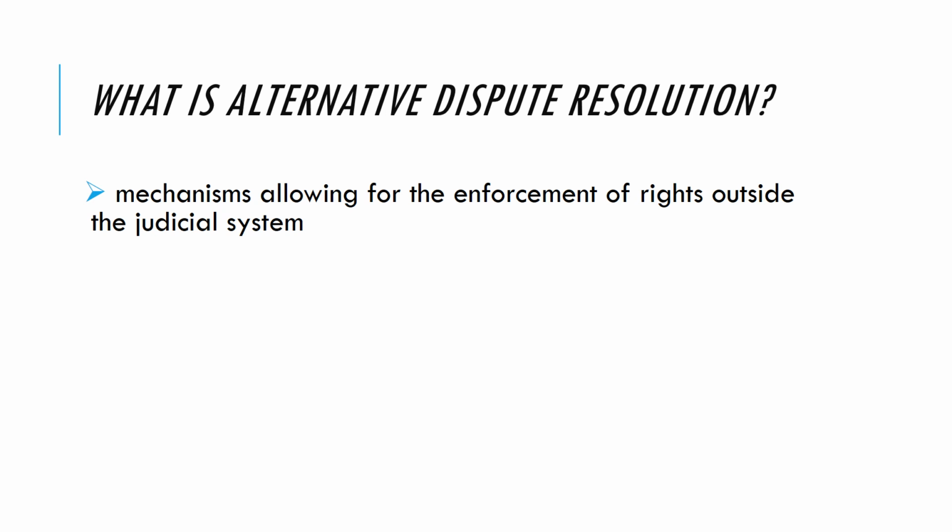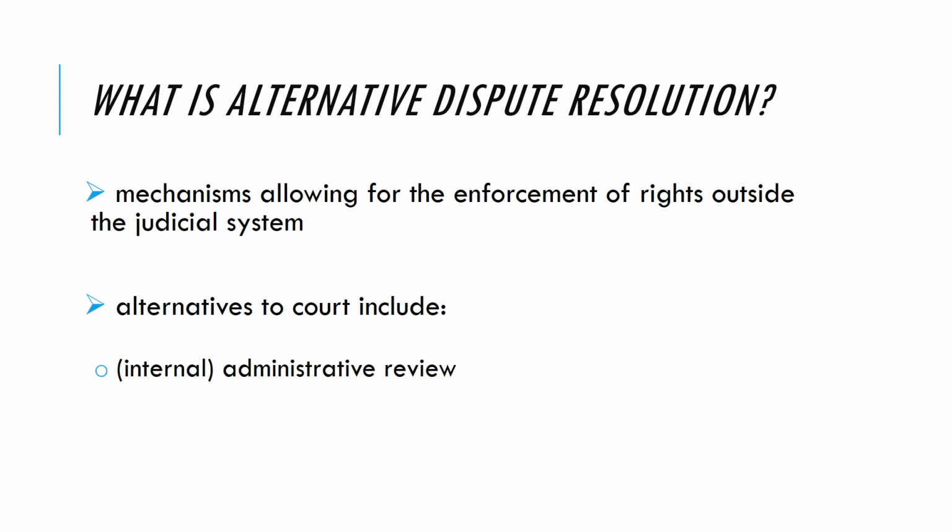Generally speaking, alternative dispute resolution, or ADR, is the term used to refer to all kinds of redress mechanisms which allow for the enforcement of rights outside the court system. These alternatives to judicial means of redress include administrative review, which may be conducted internally by the administrative authority itself or by a dedicated and possibly independent decision-making body.